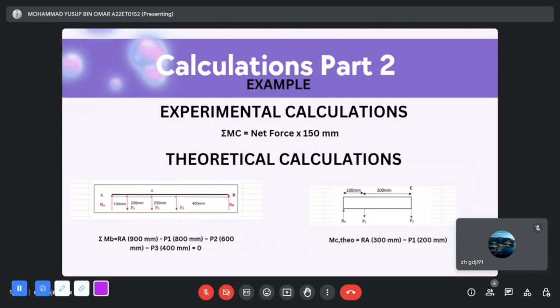As you can see, the summation of moment B equals RA times 100 millimeter, the distance, minus P1 times 100 millimeter, minus P2 times 600 millimeter, and minus P3 times 400 millimeter, equals 0. Then after we get the RA value, we can find the theoretical moment, which is RA times 300 millimeter minus P1 times 200 millimeter.